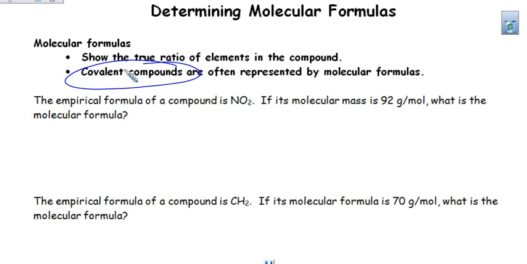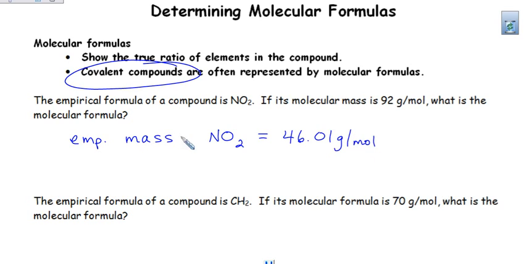If I find the empirical formula's mass, let's say I take the empirical formula and I calculate the empirical mass. So I'd be looking at NO2. I plug it in my calculator, and I'd say the empirical mass is approximately 46.01 grams per mole.